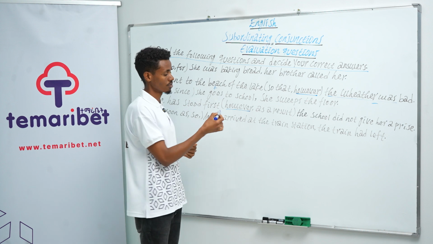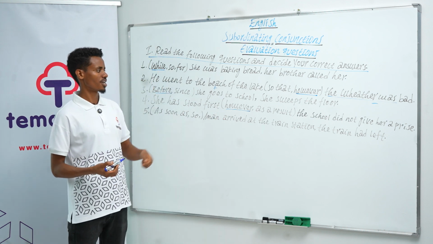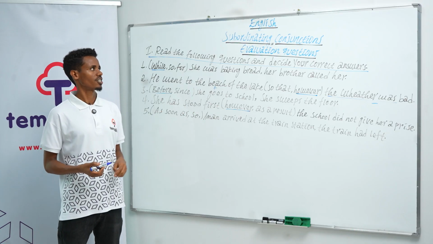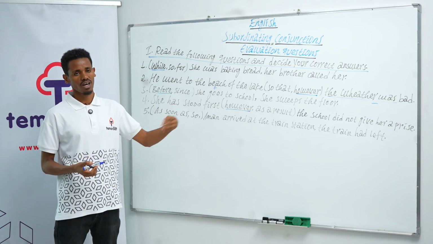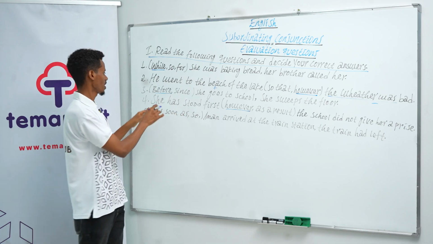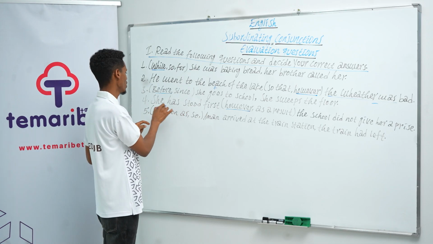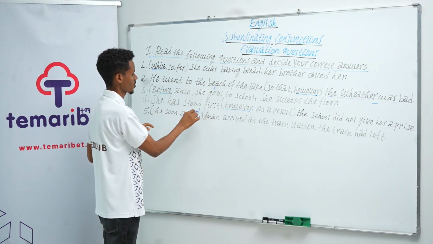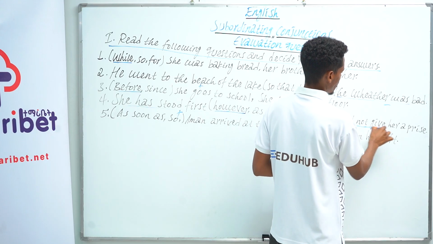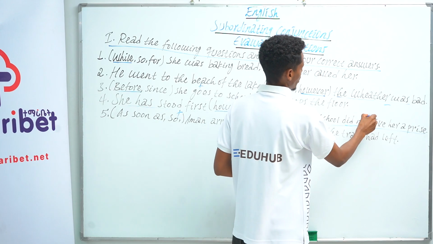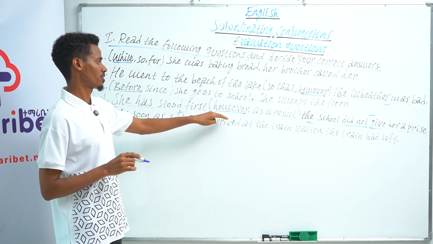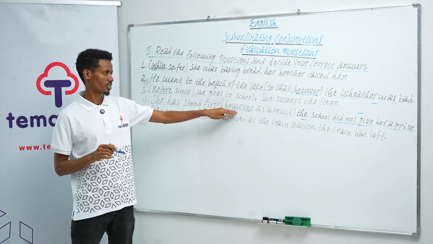When we have one positive and one negative statement, we need to use contrasting subordinating conjunctions like however, although, even though, despite, in spite of, etc. She has stood first: this one is a positive statement. The school did not give her a prize for it: this one is negative. To connect a positive and a negative statement, we need to use a contrasting subordinating conjunction.